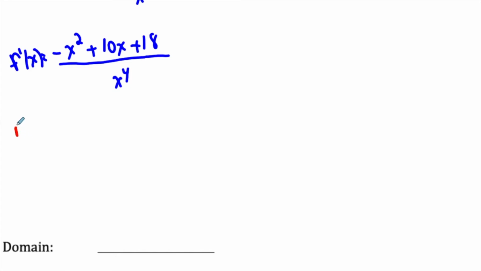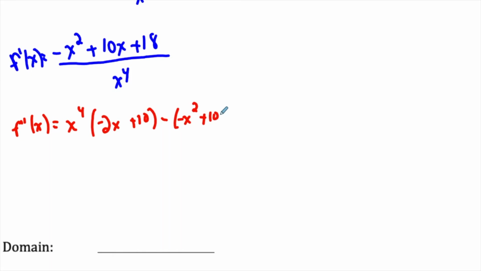So now for our second derivative, again, low, x to the 4th, the derivative of the top is negative 2x plus 10, minus high, negative x squared plus 10x plus 18, d low, so the derivative of the bottom is 4x cubed.